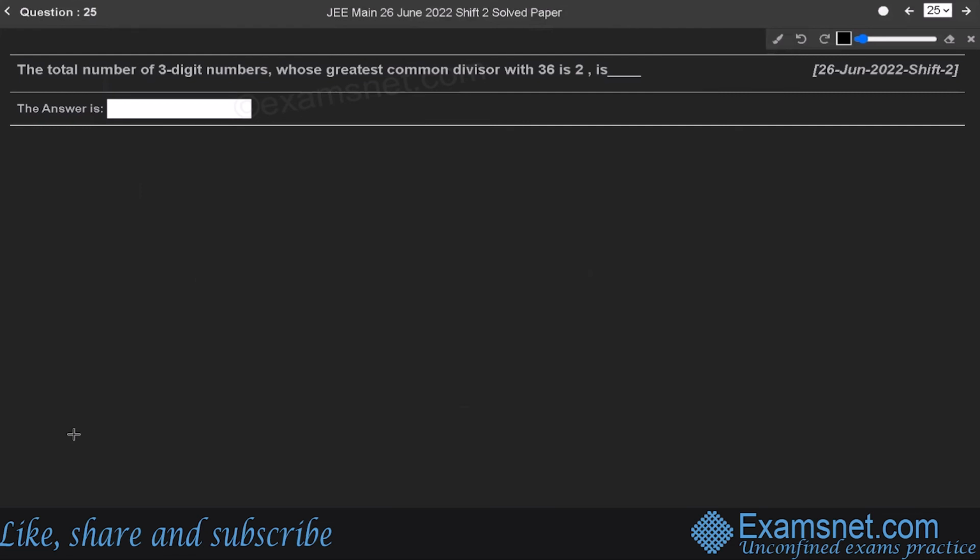The total number of three-digit numbers whose greatest common divisor with 36 is 2 is. So here, since we know that x belongs to 100 to 999, where x belongs to natural numbers, then x by 2 will belong to 50 to 499.